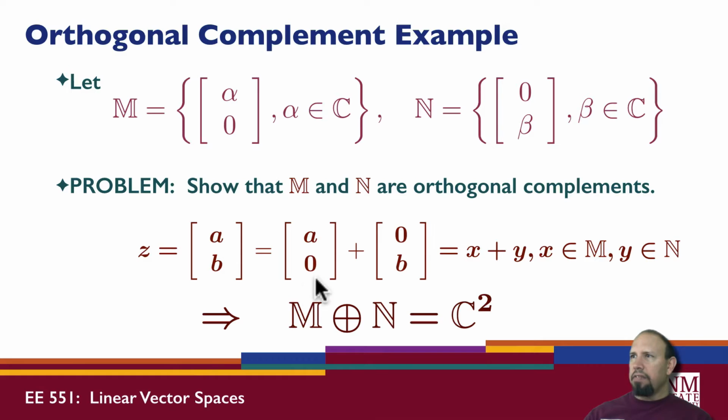I can write that as a vector A and 0 plus a vector 0 and B. This vector I call X. This vector I call Y. Clearly, X is in the set M. Y is in the set N. And so we have shown that any vector in two-dimensional complex space can be written as a sum of a vector in M and a vector in N. So therefore, M direct sum N is all of C2, two-dimensional complex space.